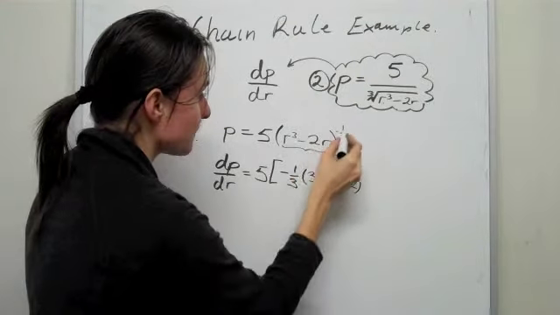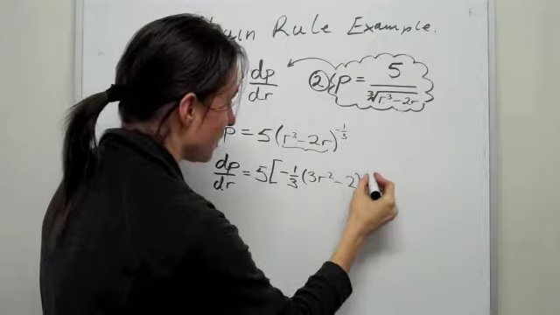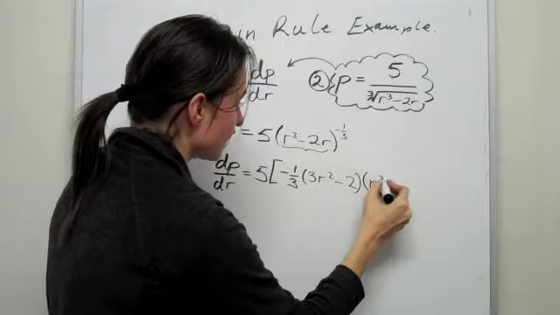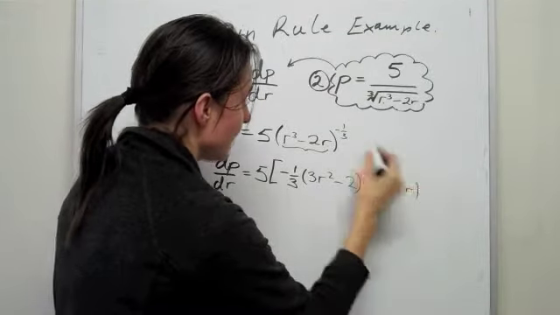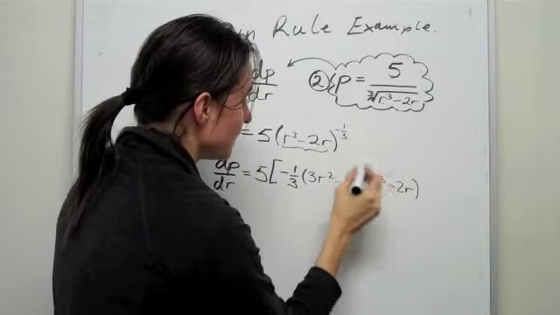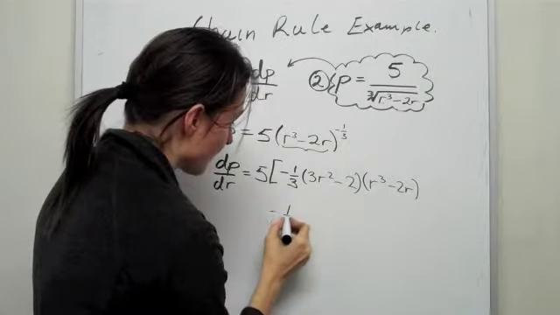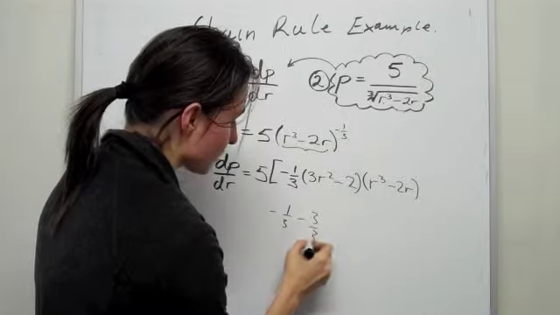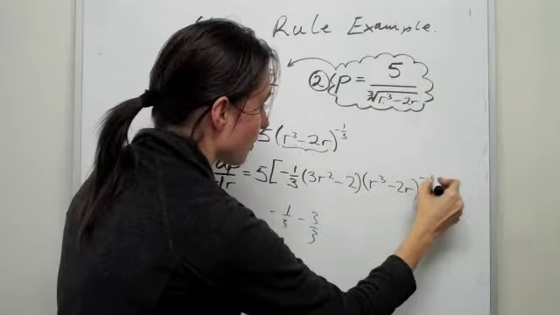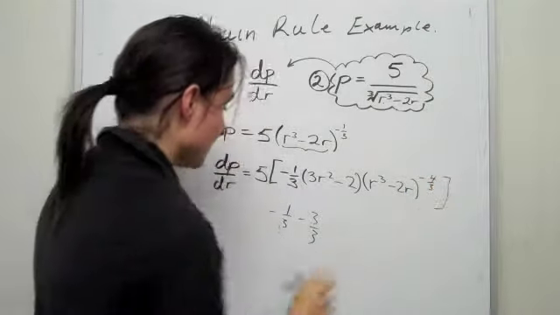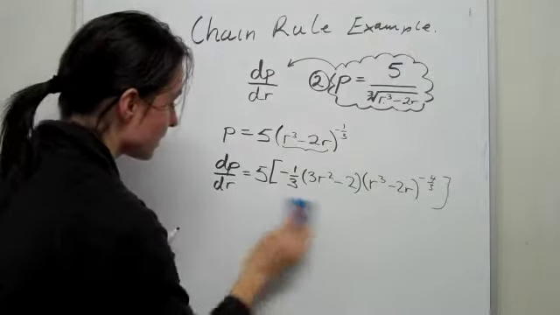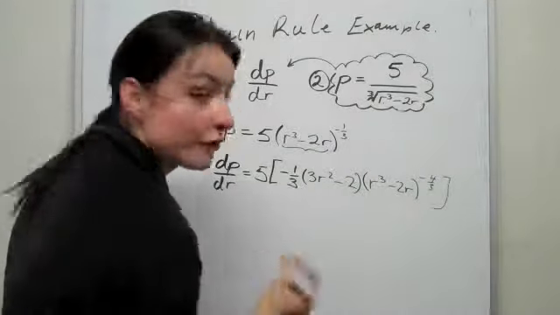And then you reduce the power on the overall bracket by 1. So you're going to go r cubed minus 2r, and 1 take away that, it's a fraction. So you've got minus a third, take away 3 on 3, which is 1, and you get minus 4 on 3. Okay, so you get that massive equation, and now you can just beautify it, okay?